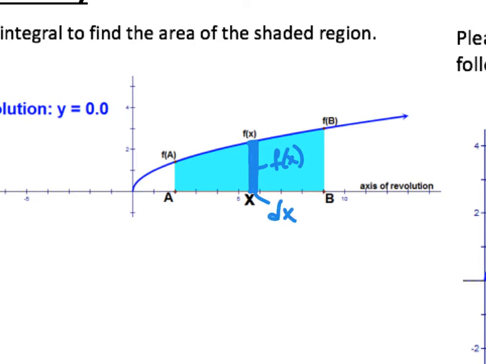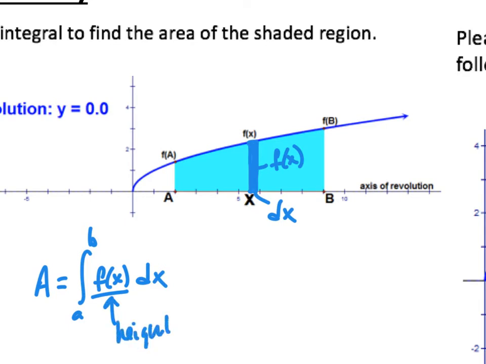And so if I wanted to write the area for this, then I would just integrate from a to b of f of x dx. And remember that this is the height, f of x, my function value is the height, and my dx is the width, okay?